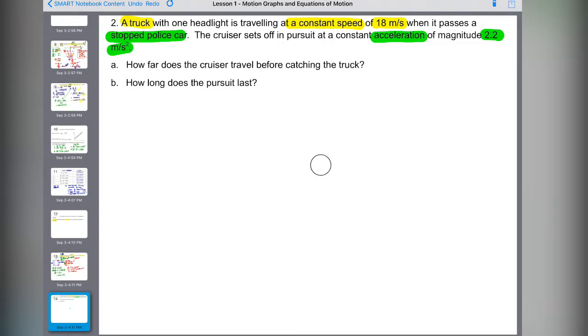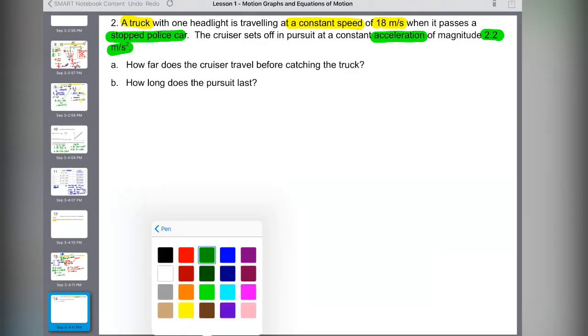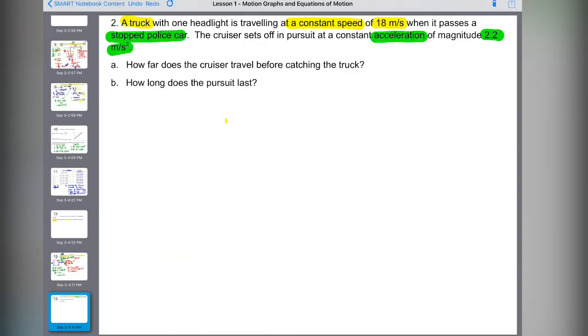Do you see how there's 2 objects? So for sure there's going to be 2 data lists. They're asking you how far does the cruiser travel before catching the truck, and how long does the pursuit last?